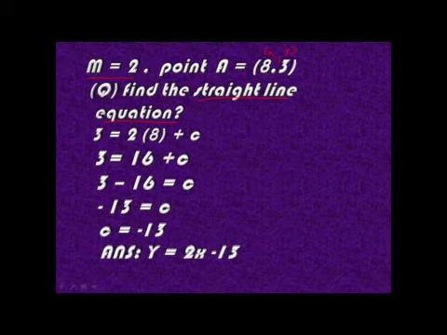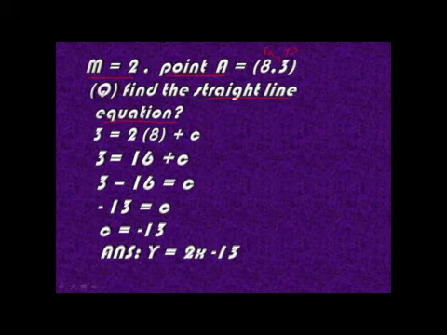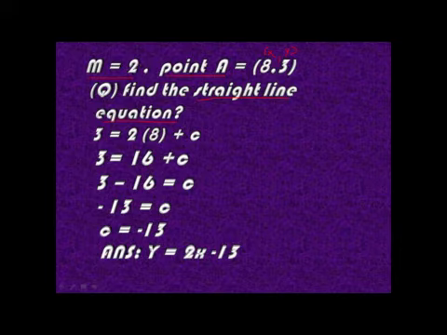Like suppose the first point A is given here, and the point B also will be given to you, and then you have that gradient. You find that gradient, and then you put it into your equation. So you have to practice how to solve for the gradient from the given 2-point coordinates.